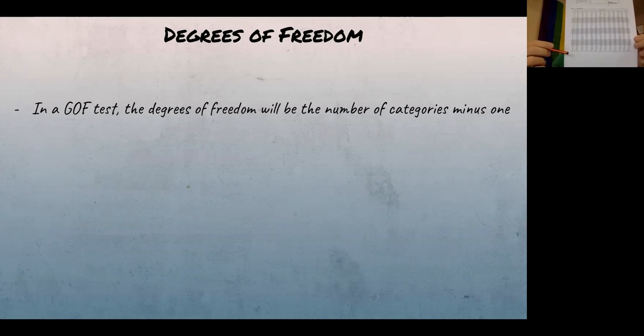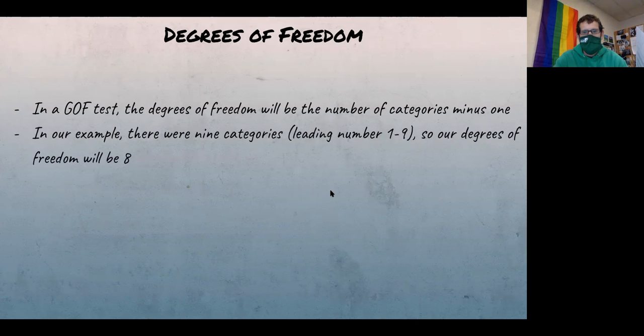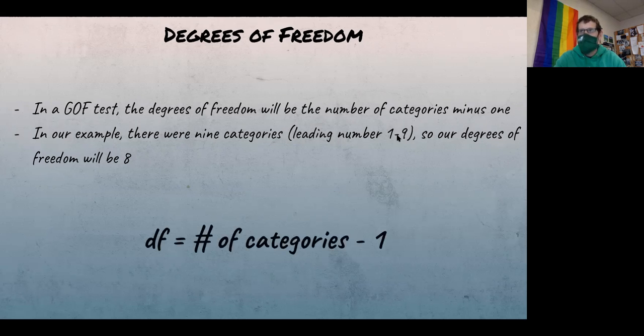So we're going to have to work with degrees of freedom still, but the degrees of freedom is going to be the number of categories minus 1, not the number of data points. We had 58 buildings in our data set, but there are only 9 categories, which was the leading number. So you guys with me on this? If the number of categories is 9, our degrees of freedom is 8. There it is.